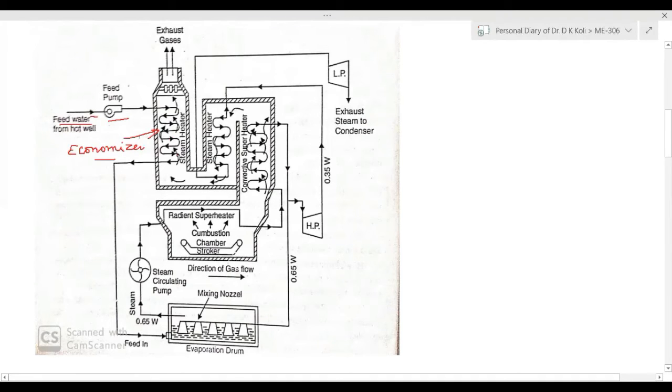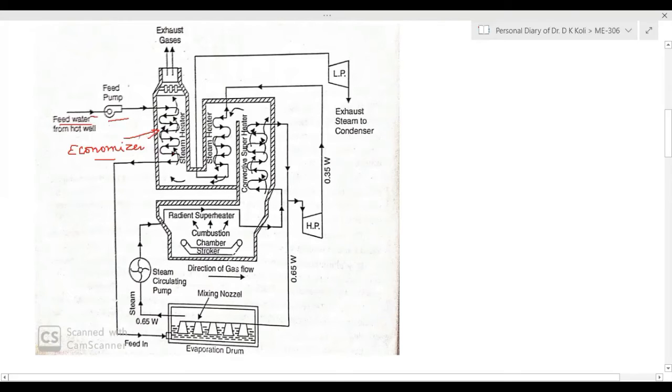Clear? Hot gases are moving upward, and water is coming through this passage. So this gas will give heat to the water, and the water will be slightly heated.